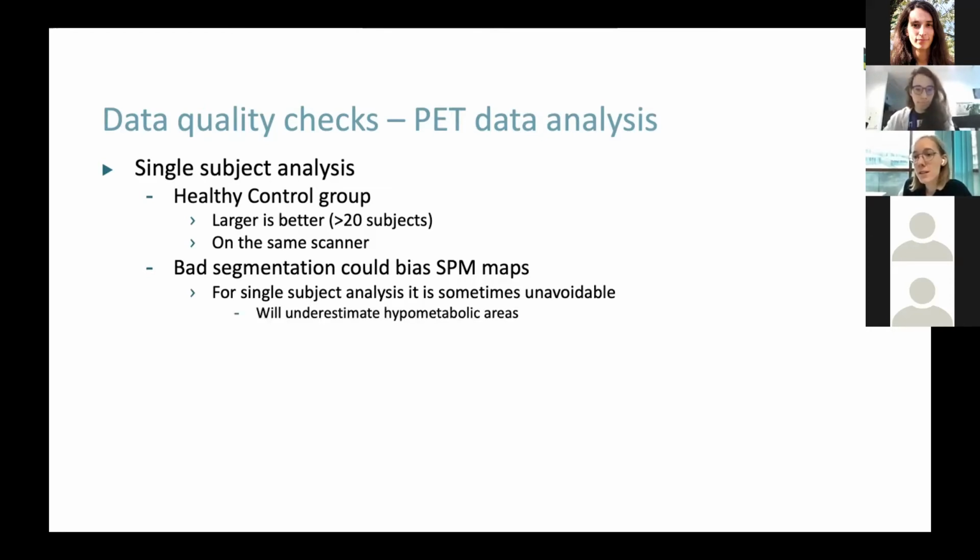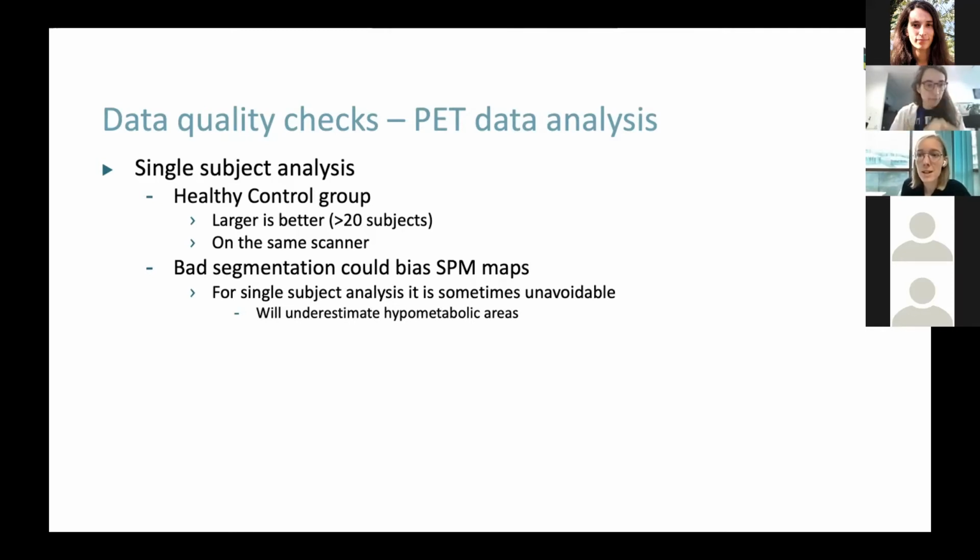So it means that if the gray matter is not completely included in this gray matter mask, then the voxels that are excluded from the mask will also not be part of the SPM analysis. So the general linear model will not be estimated in regions that are outside of the mask.